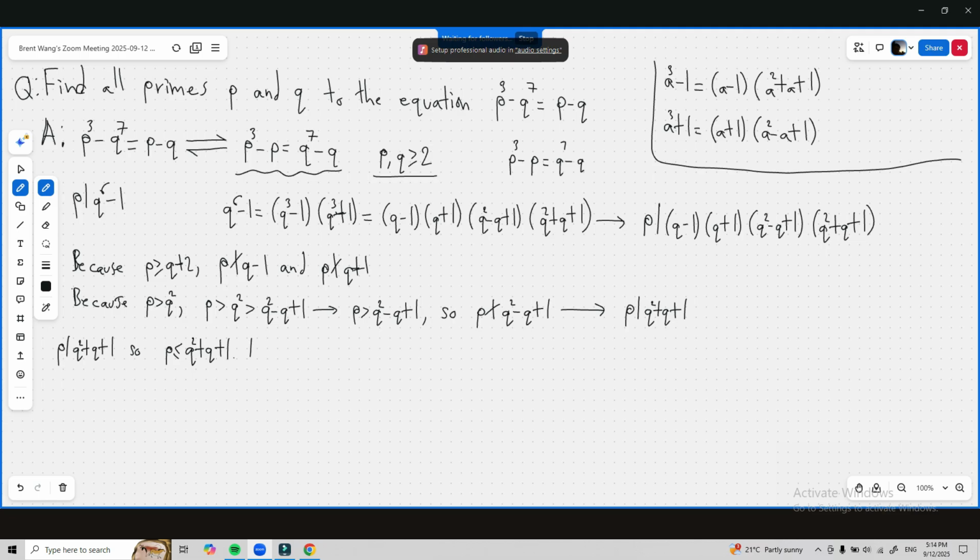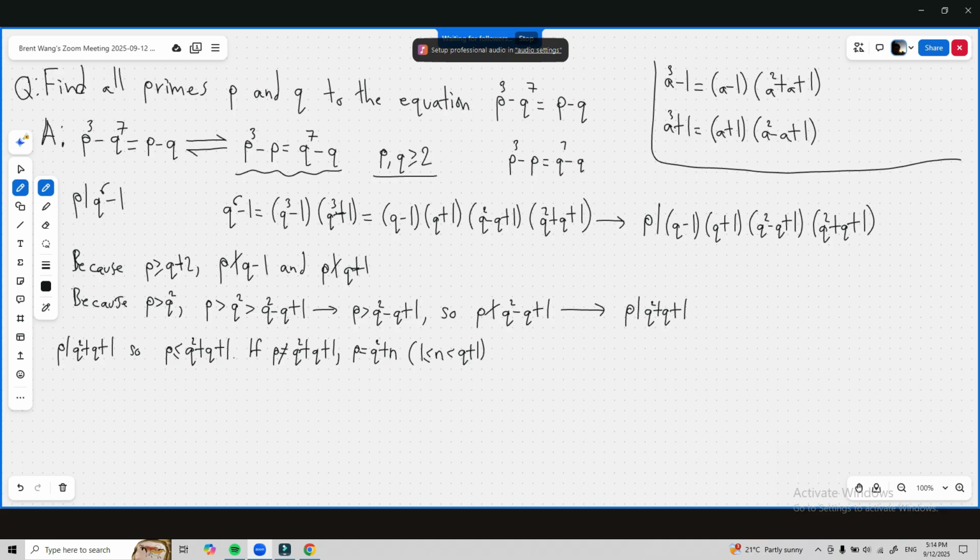But if P does not equal Q squared plus Q plus 1, then P would have to equal Q squared plus n, since P is bigger than Q squared, where n has a value between 1 and Q plus 1.